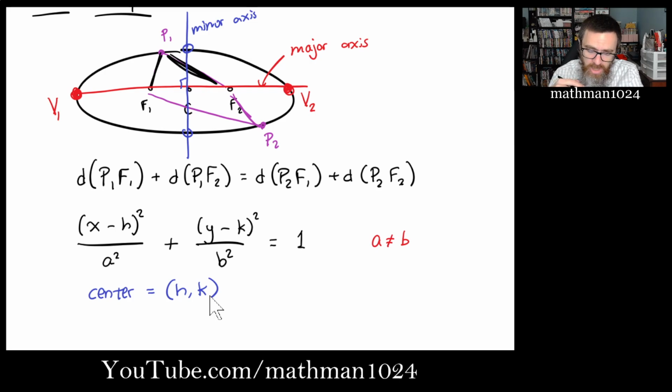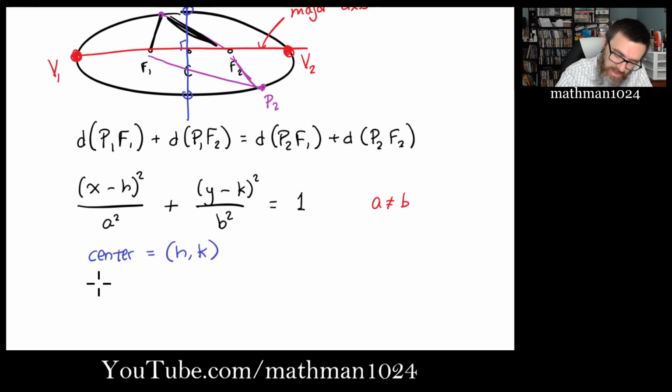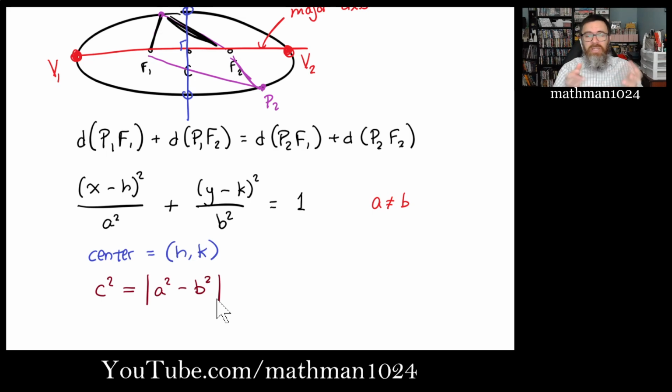All right, so that's the center, and then we need to talk about another variable that you don't even see in this form. And that is going to be the value of c. So c squared is going to equal, and I'm just going to say it's the absolute value. So in other words, it's the distance between a squared and b squared.